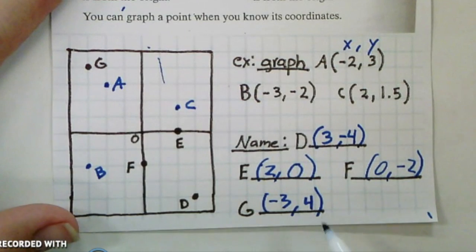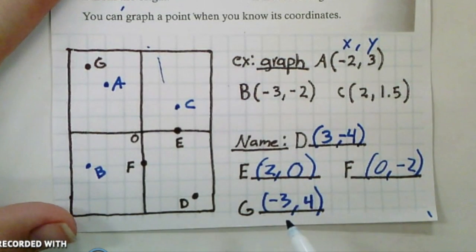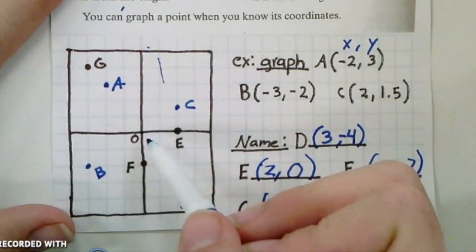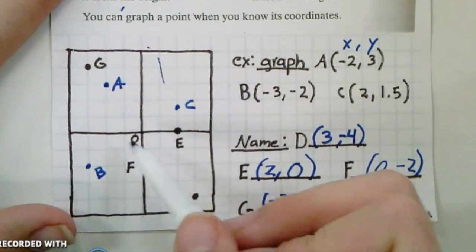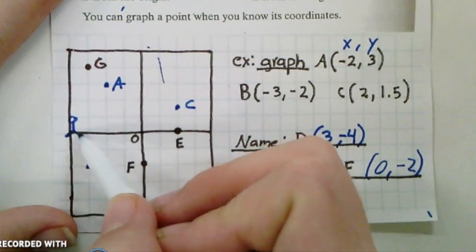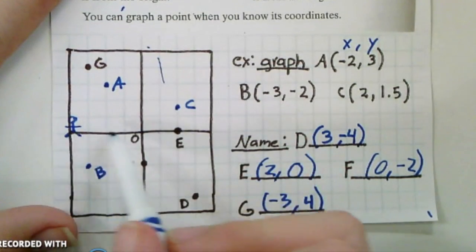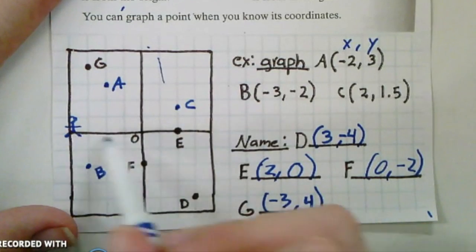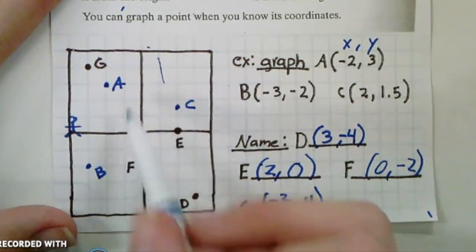Okay, so the most common mistake found here is that a lot of people will rise before they run. So you want to make sure that you're always doing your X coordinate first. You're always figuring out which way to go on the horizontal number line before you go up and down.